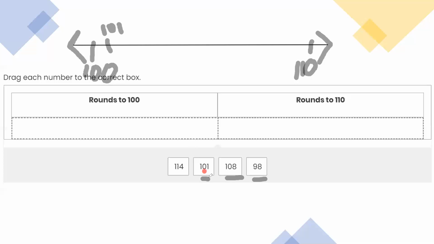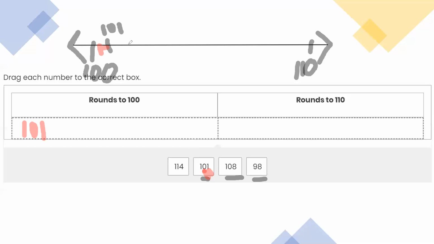So I need to look behind it at the 1. Now, is 1 5 or more? Nope. So we're not adding. We have to go down. It is closer to 100. So 101 rounds to 100.